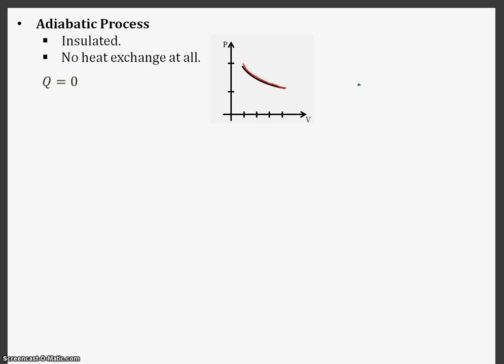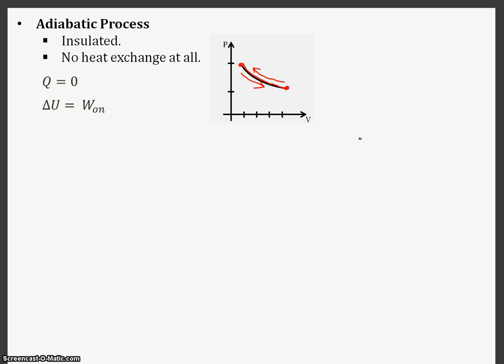So the only change in internal energy in going from U initial to U final is the work that the gas does. If it goes this way, the work is negative because it's expanding. If it goes this way, the work is positive because it's compressing. So it's all about the work. The change in internal energy is all about the work in an adiabatic process.